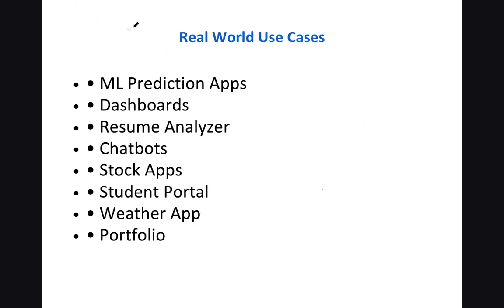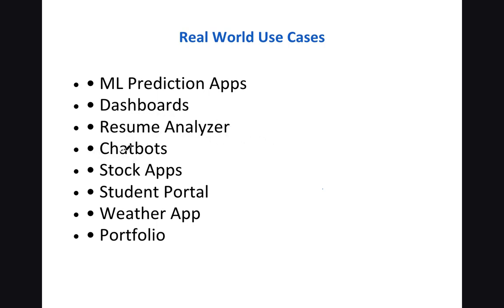And here some real world use cases we will see. So where we can use Streamlit. Streamlit can be used for ML prediction apps, dashboards, resume analyzer. I think most of us know what a resume analyzer is, right? Which is used to analyze our resume.